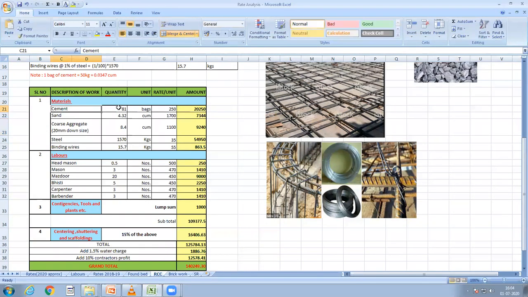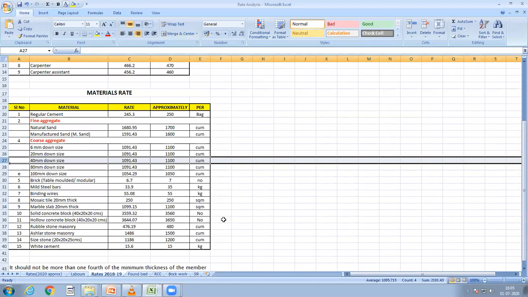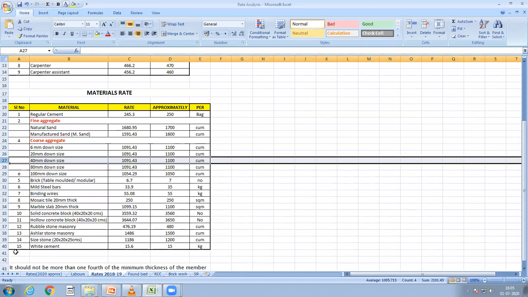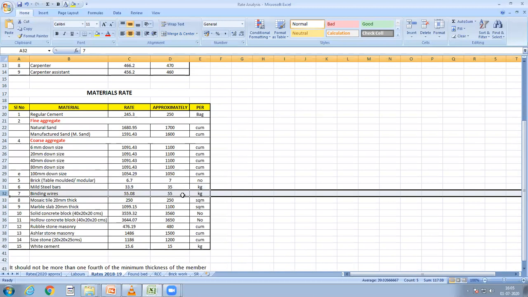So for cement, from the above calculations, whatever the volumes you got and its unit, you just make a note of it, and the corresponding rates from this table, which you have to remember. Remember, these tables will not be provided in your exam. These rates you should remember. Okay. All the rates have been given here. Mild steel bar 35 rupees per kg, binding wires 55 rupees per kg.